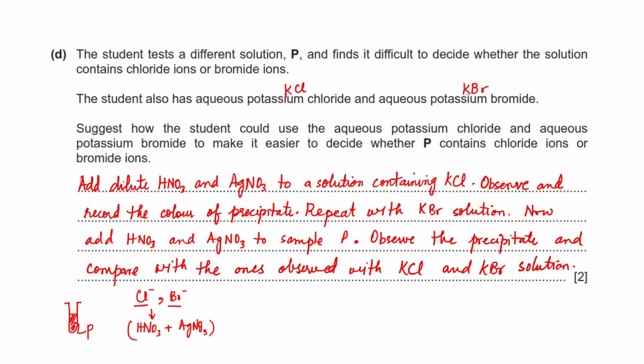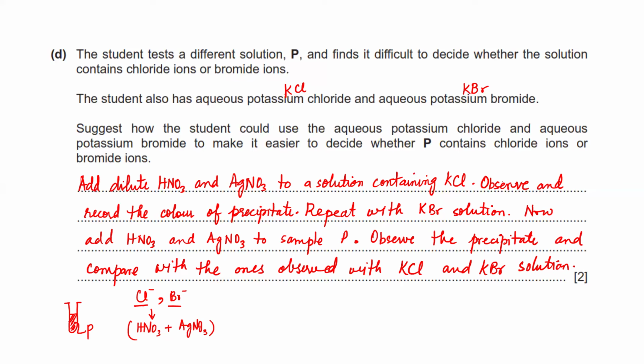So you have a complete sample of what white color with chloride looks like and what creamish color with bromide looks like. Then just simply do it with your sample and compare your result with both of the colors present in the test tubes, and the one that matches the most is the ion you are looking for.